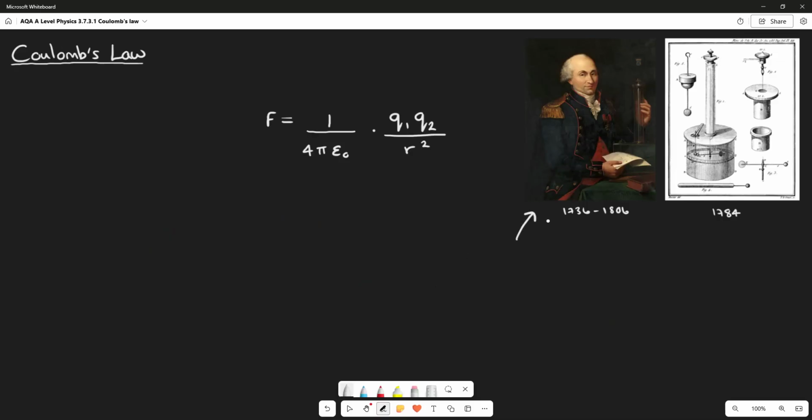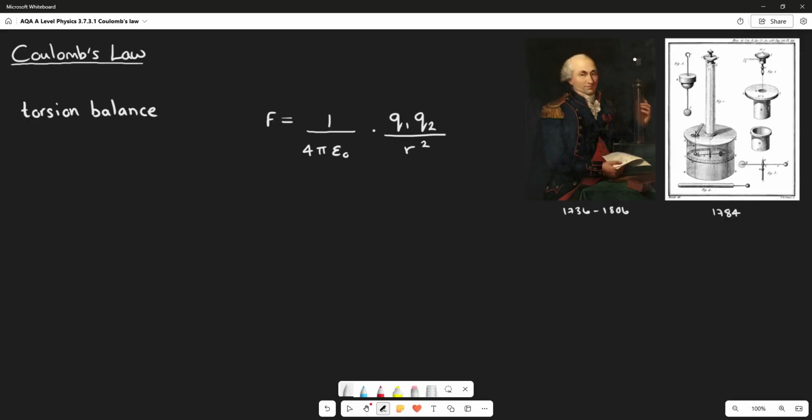Here is an image of Charles-Augustin de Coulomb. He was a French physicist operating mainly in the 18th century. He discovered this relationship between charges by inventing a new piece of equipment called a torsion balance. Torsion is a word that means twisting.